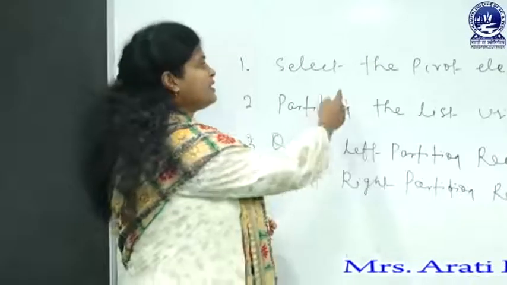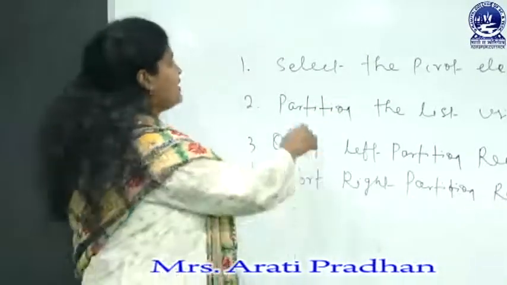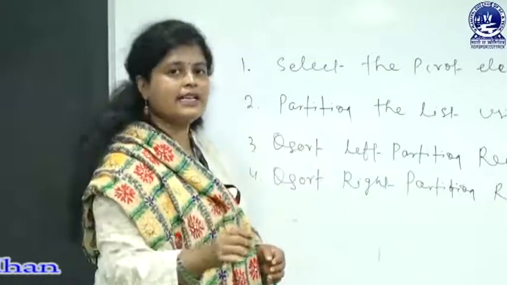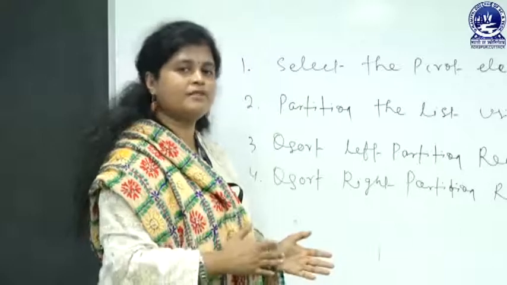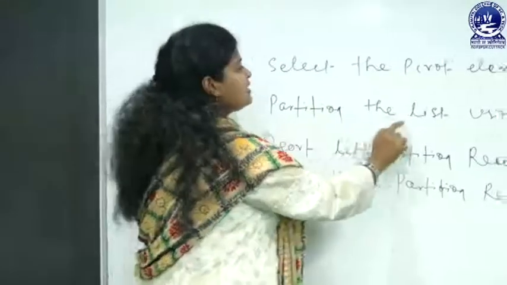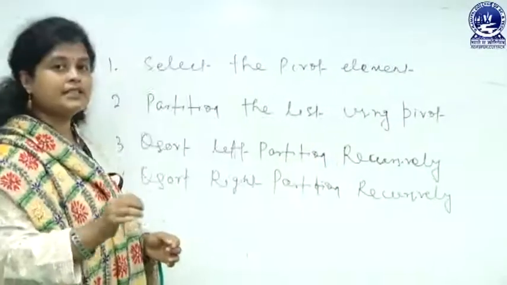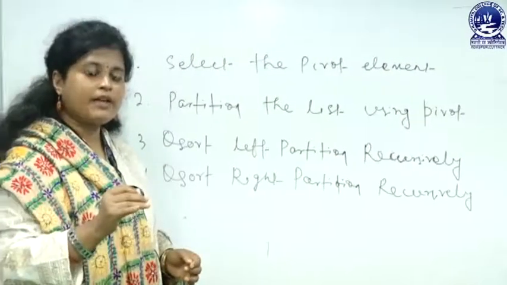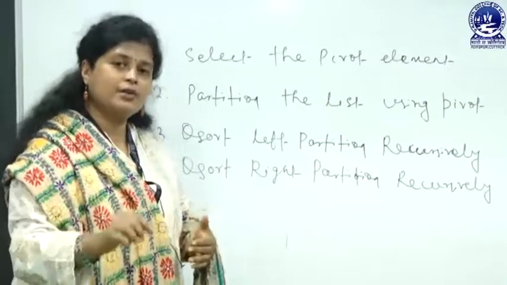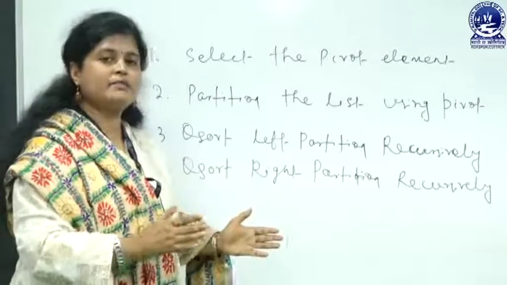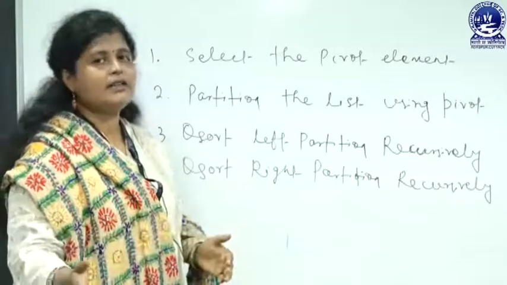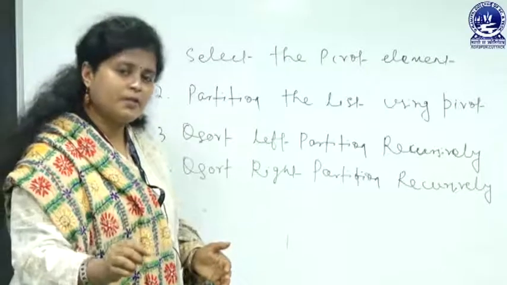Here is the representation of the Quicksort algorithm. The first step is to select the pivot element. You can select any element as pivot element, the leftmost or rightmost or any element randomly. Then partition the list using pivot. In this step, you just place the pivot by swapping again and again in a proper location, so that all the left elements must be lesser in value in comparison to pivot and all the right elements must be greater in value in comparison to pivot.